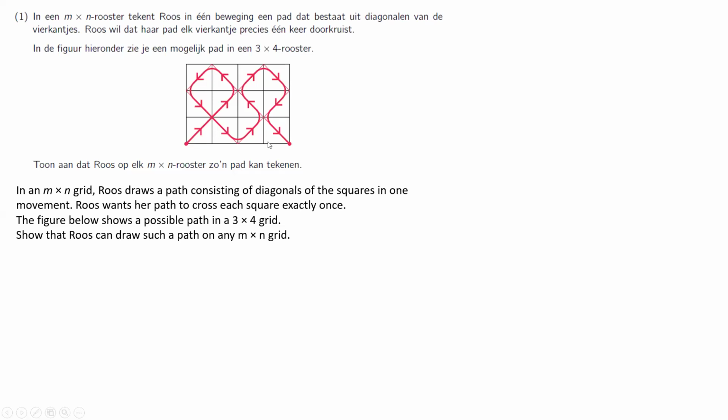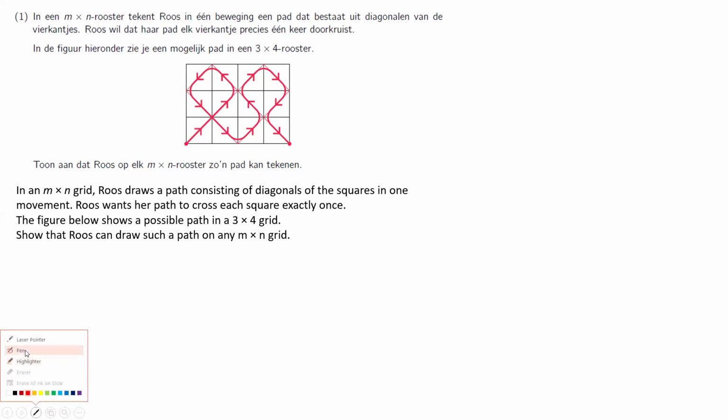The target is that the path goes through each square once and only once. Here we have an example of a 3 times 4 grid. We have to show that for any m times n grid, Ross is able to draw such a path.